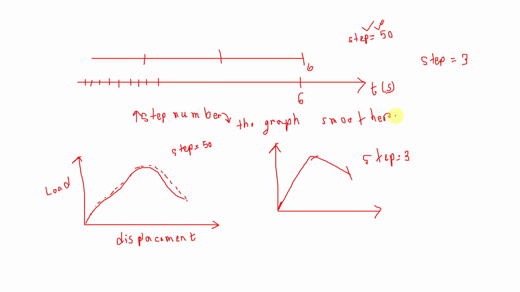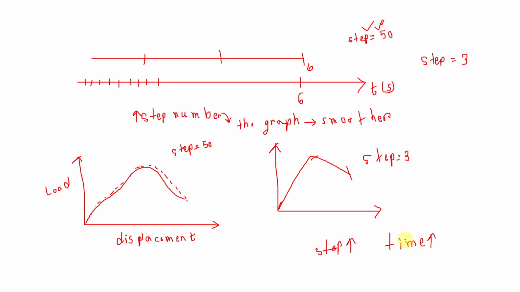Okay, but there is a problem. If you increase step number too much, then the software needs more time to solve the model. So choose the step number accurately, wisely, so that you don't need to stay the whole day to solve this model.